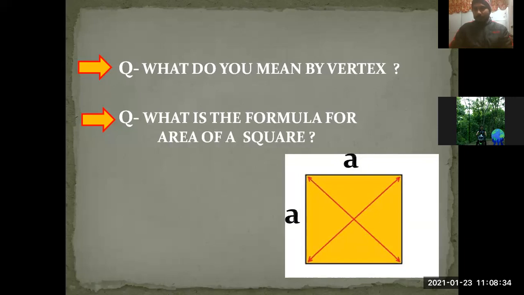Anyone? Very good, Samragi. Side into side is the area of the square. Very good, Alka. भुजा का स्क्वायर का एरिया अर्थात क्षेत्रफल कहलाता है.